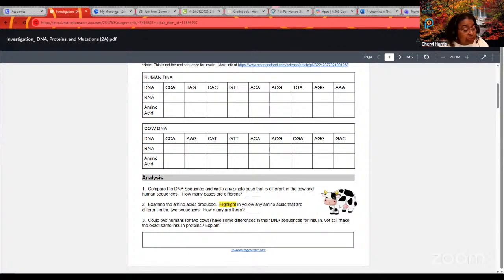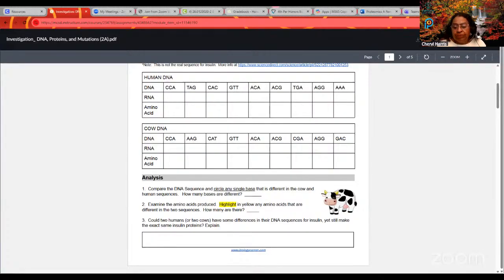So it's going to be the same thing with our insulin. There's several different ways we can arrange the amino acids and it still spells insulin. Or still produces. In this case, we're going to say produce. Still produce insulin. All right, so I've just answered number 3 for you. So hopefully everybody's writing that in.